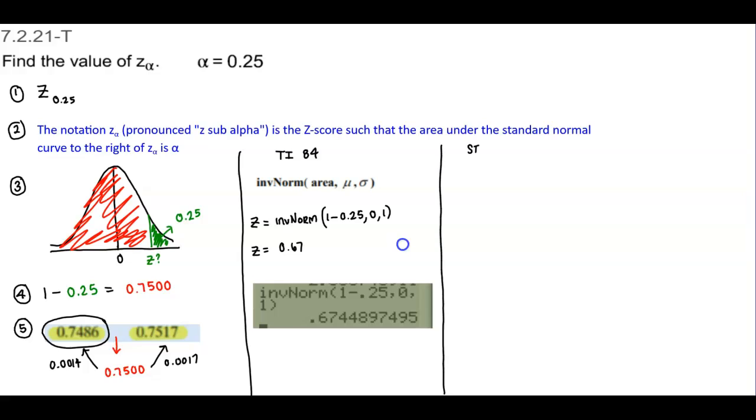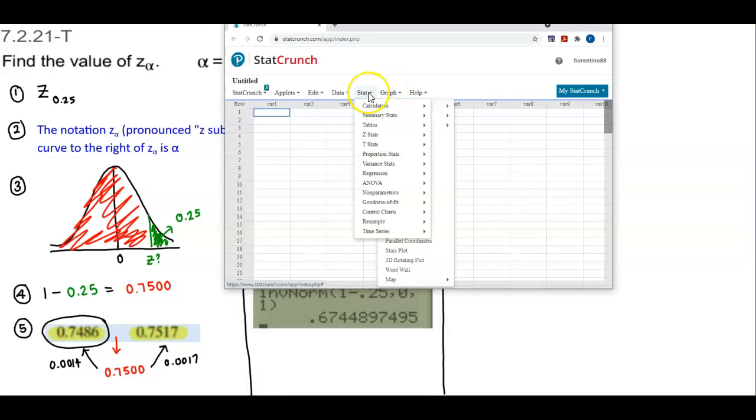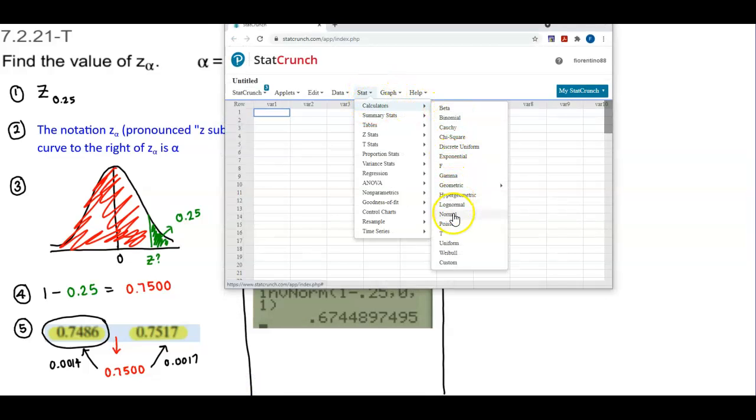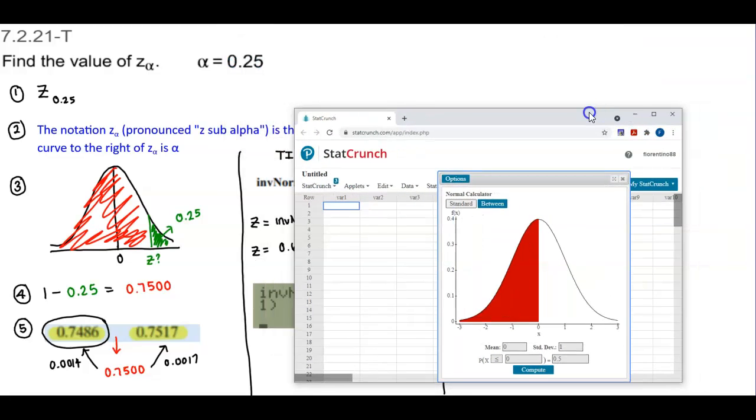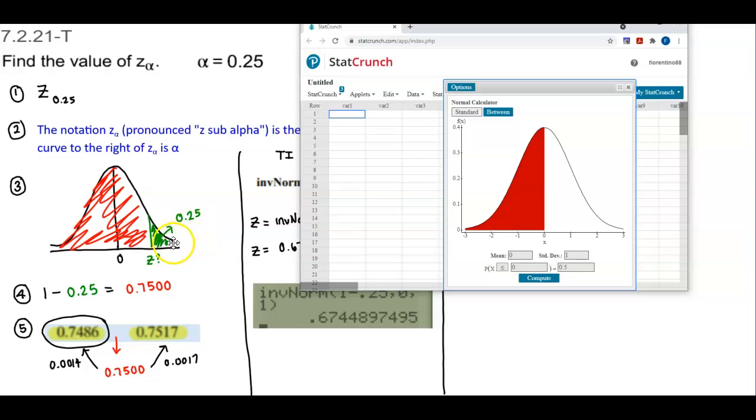Okay, so how are we going to figure that out using StatCrunch? Let's open up StatCrunch. We go to Stat, Calculators, and then Normal. We know we're looking for the area where it's greater than 0.25. Our mean is 0, our standard deviation is 1, and we want to find out where it's greater than.